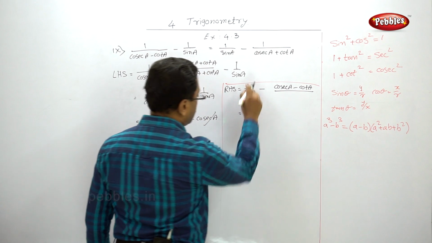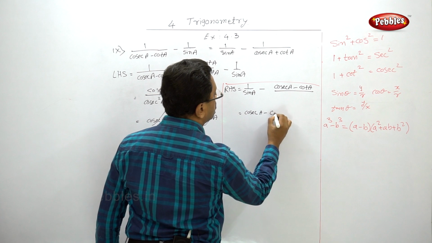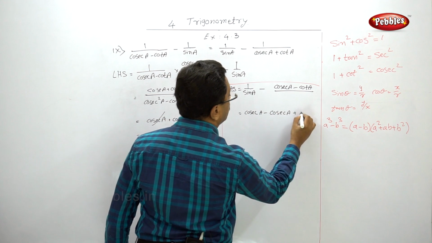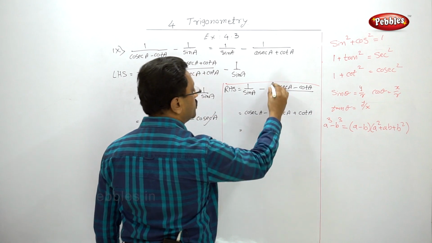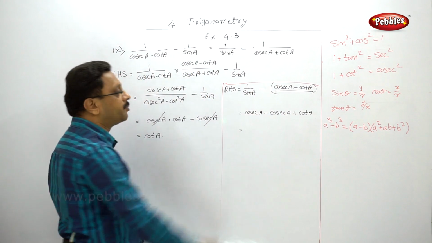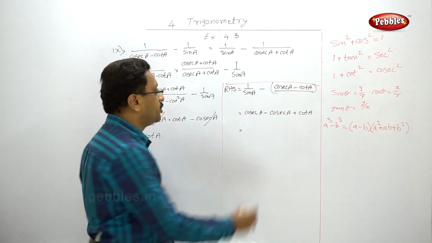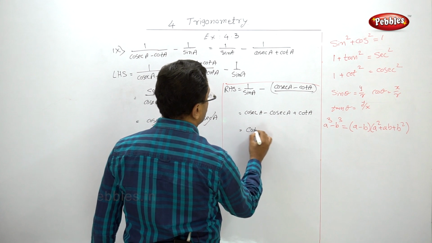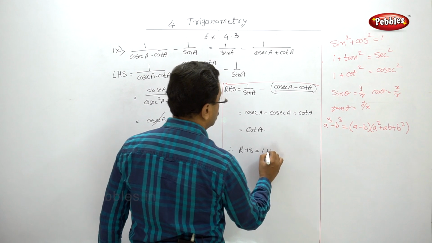So ultimately here we have cosec A minus cosec A plus cot A, because this is a bracket, and when you open this bracket cosec A will be negative and cot A will be positive. Here we have got cot A, and hence right hand side is equal to left hand side.